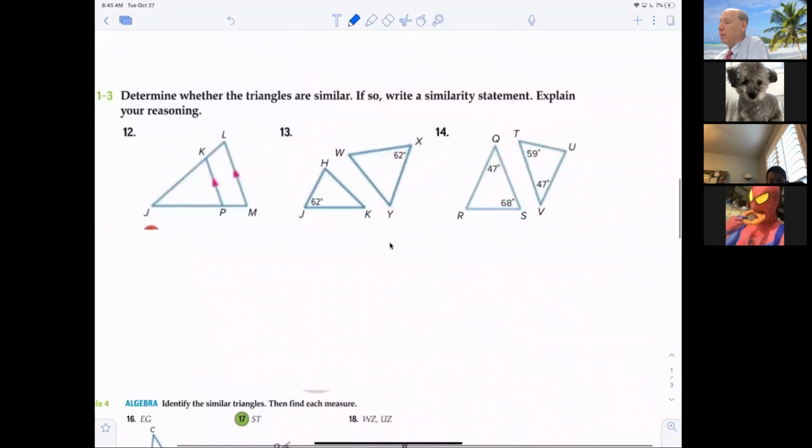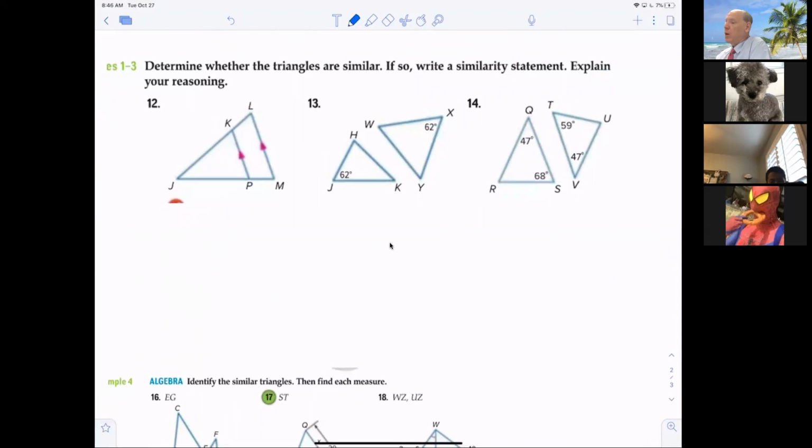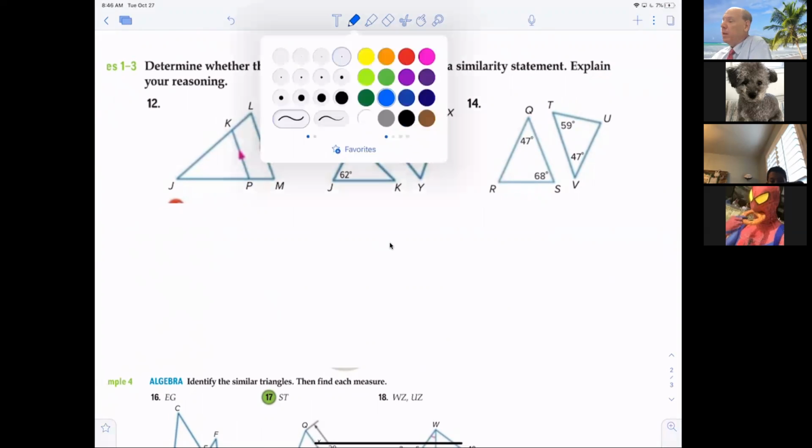All right, so let's get down here. Determine whether the triangles are similar. Obviously, because those are parallel lines, there are corresponding angles involved, so we know that they are similar.